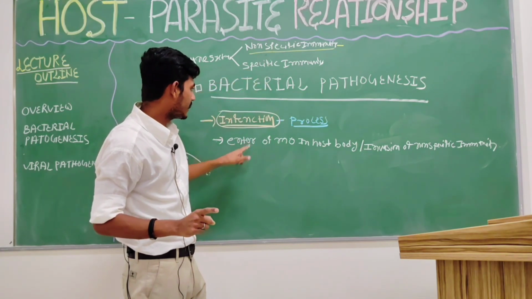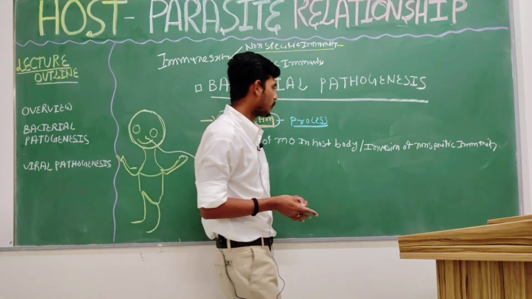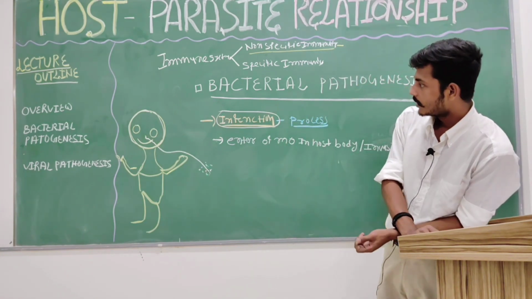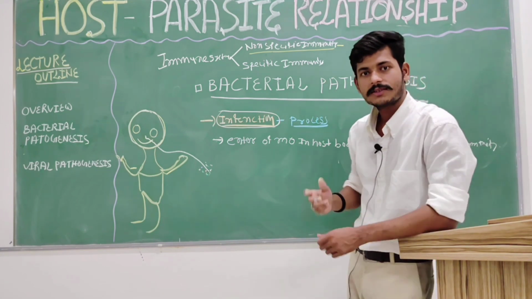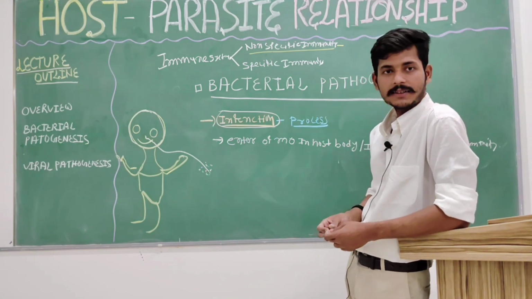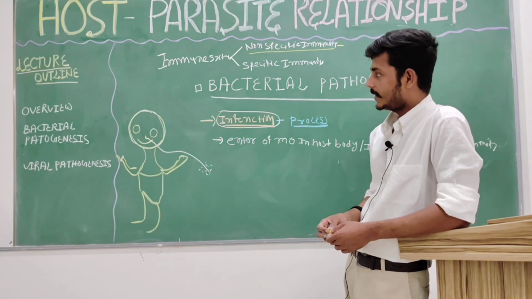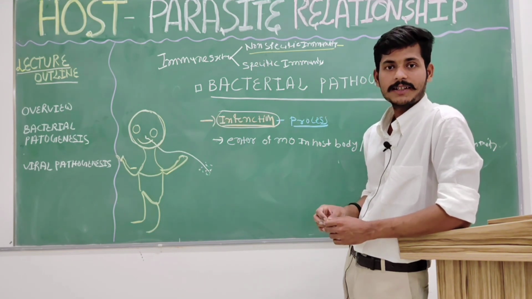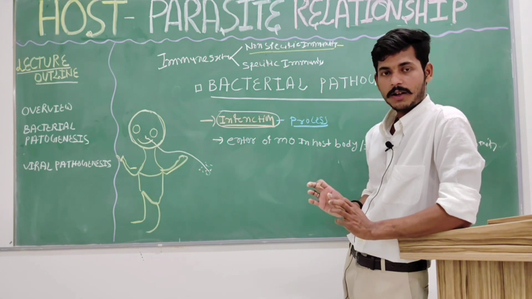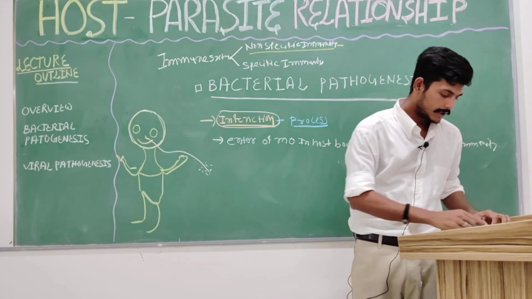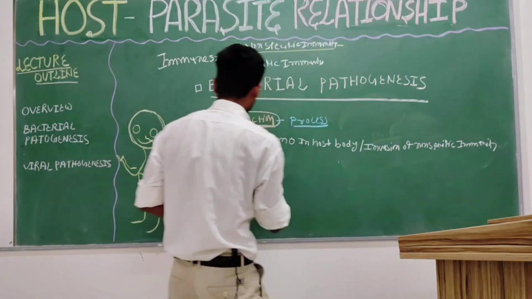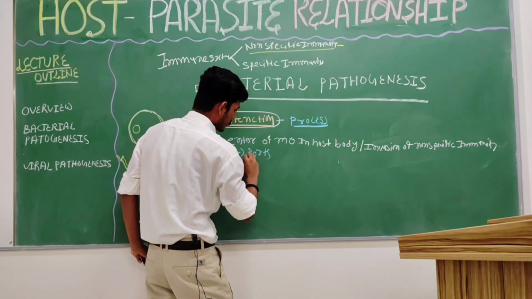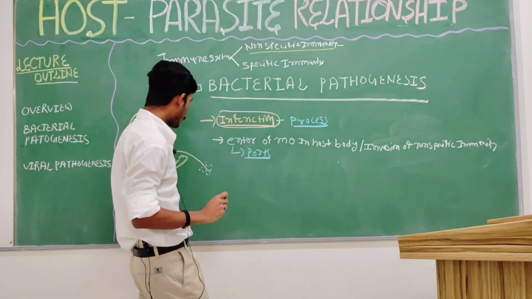So the first thing in the infection process is the entry of the microorganism in the host body. Now, how will the microorganism enter? It will enter our body through certain open pores or open organs, which we call ports.